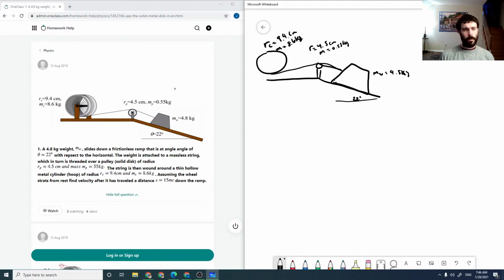Okay. And it wants to know, find the velocity after it has traveled a distance of 15 centimeters down the ramp. So we need to, first of all, figure out what the acceleration is. So looking at this system, we've got a few free body diagrams to draw.